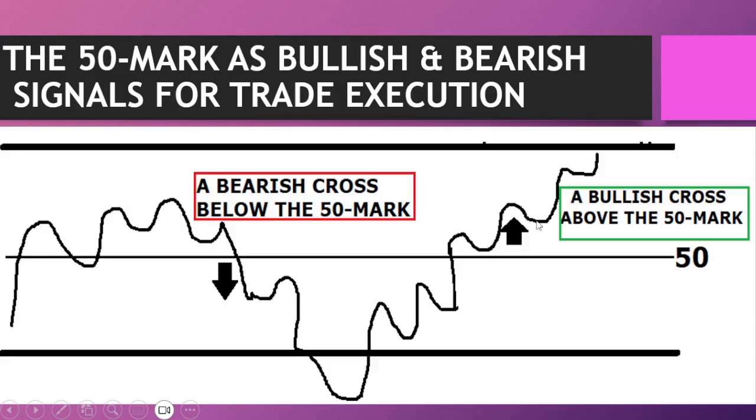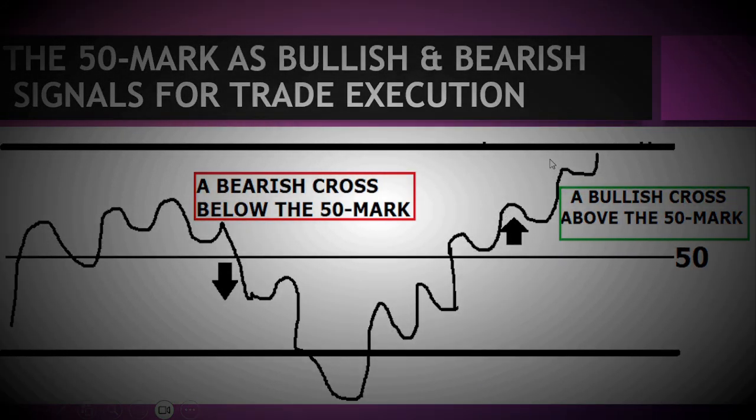So most bullish trades are executed when the MA line of the RSI moves above the 50 mark line but stays below the 70 mark line.